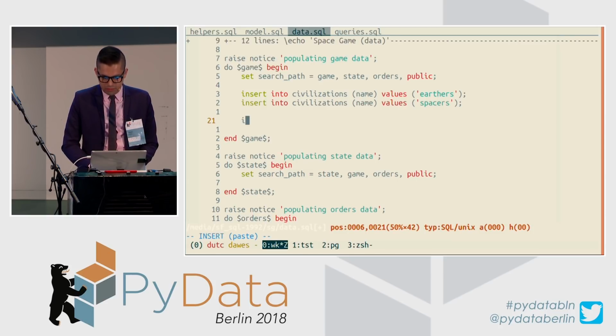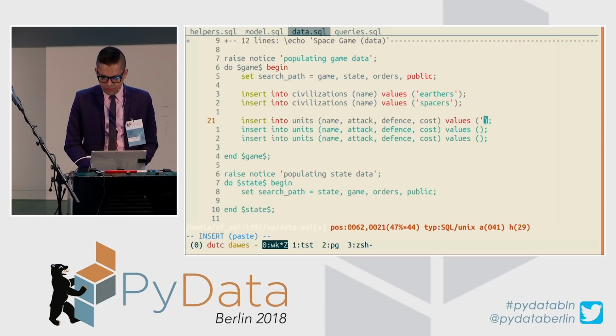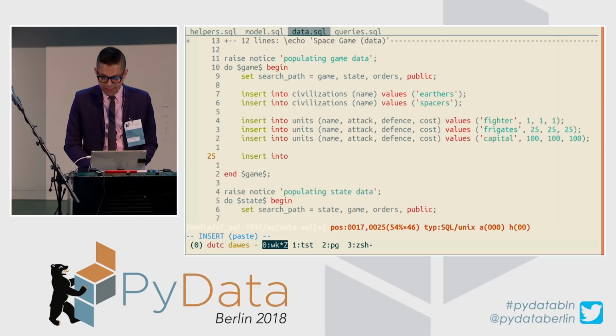I'll just do it by hand. Units, name, attack, defense, cost, values. We'll create 3 types of units, like little fighters, frigates, and maybe capital ships. And then we'll create 3 systems, and I'll try really hard to do ones that I can type correctly.